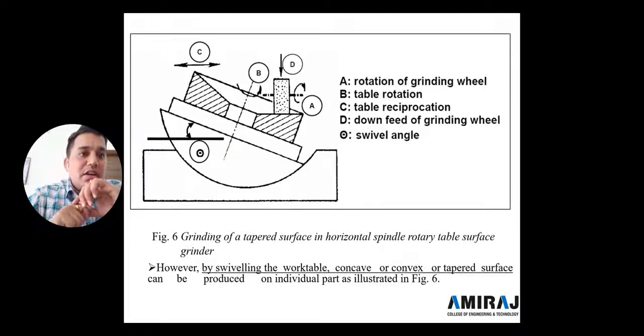C is the table reciprocation and D is the down feed of the grinding wheel. This is the special category for angular purposes. So we can say A, B, C, D and the particular angle. It is a 5 axis, multiple axis, or as per degrees of freedom, we can perform 5 axis operations by using this arrangement.